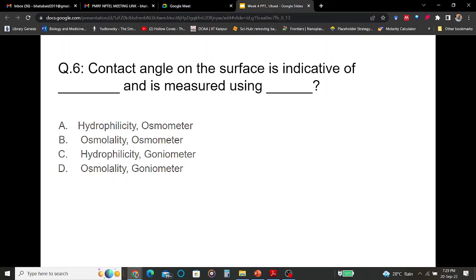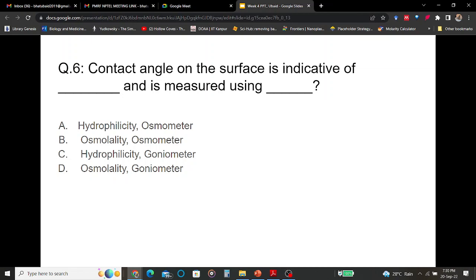Second, contact angle on the surface is indicative of osmolality, and it is measured by an osmometer. Third, contact angle on the surface is indicative of hydrophilicity and is measured by a goniometer. The fourth answer is osmolarity and goniometer.